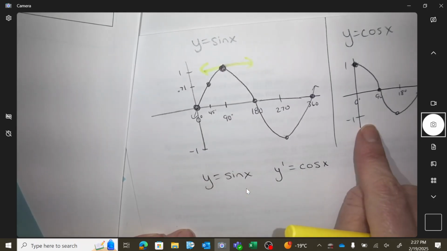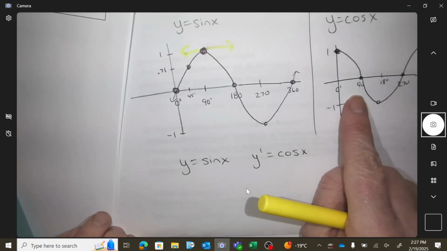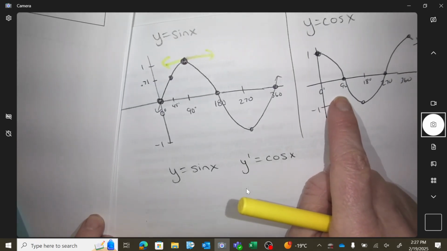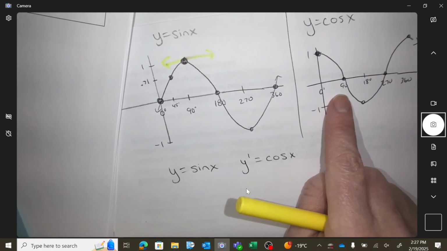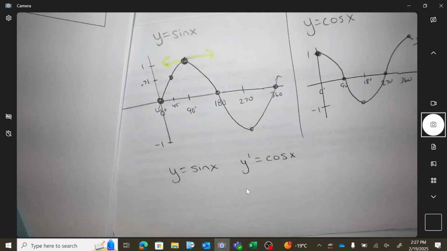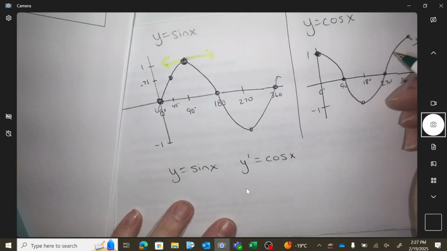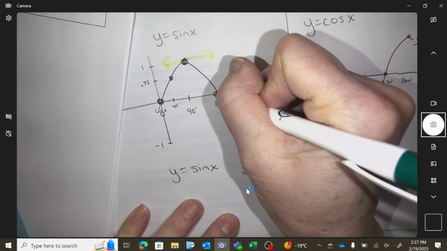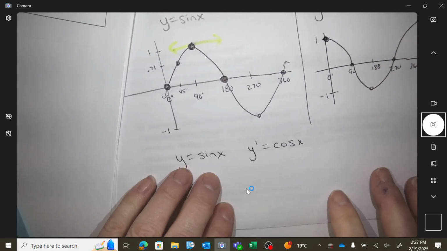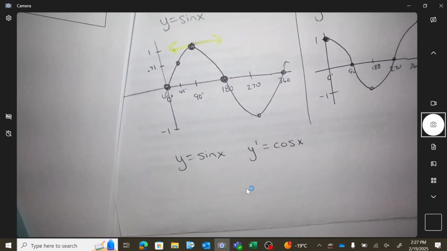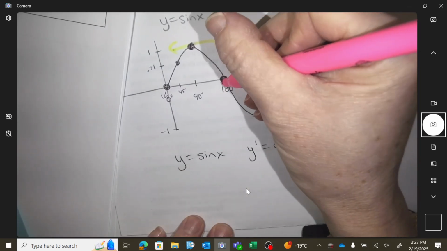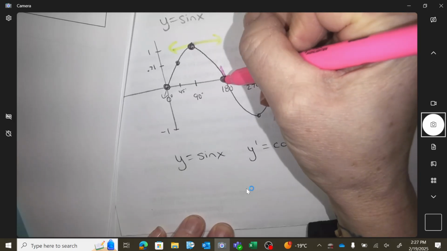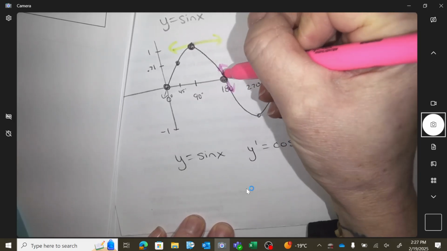Okay, go to the cos curve. Go to 90 degrees. What's the height? 0. Interesting. Okay, let's go to 180. Okay, if I drew a tangent line, this might not be very good, I'm sorry, I'm going to try.